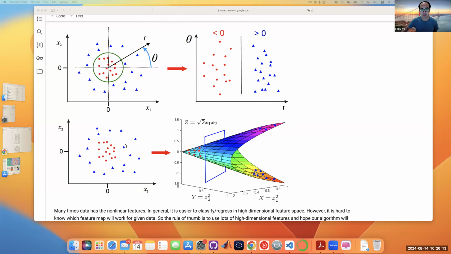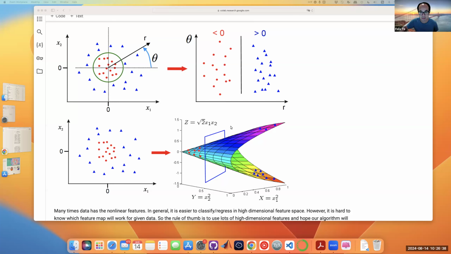This is a similar idea with similar data. Another way that we can do the transformation is to lift up this 2D data into a much higher dimension. For example, this will be x1 squared, x2 squared, then square root of 2 times x1 x2. Then we can see these red points and blue points living on this manifold.